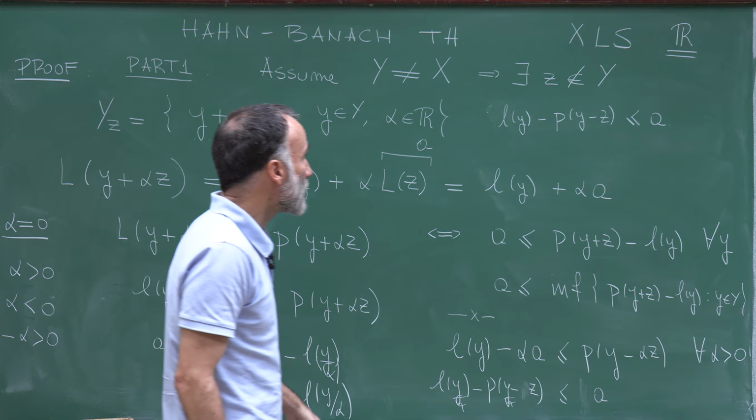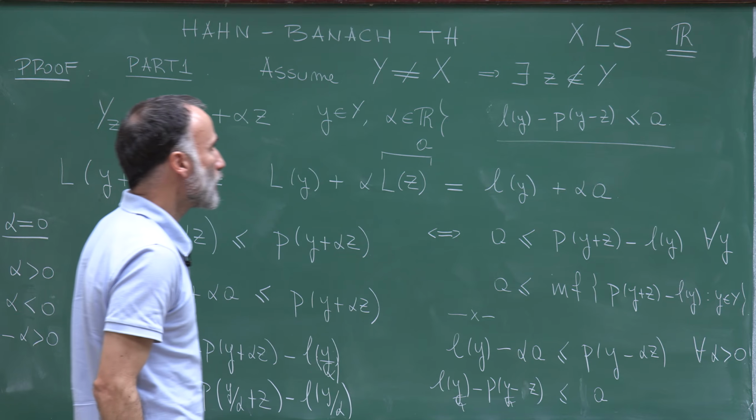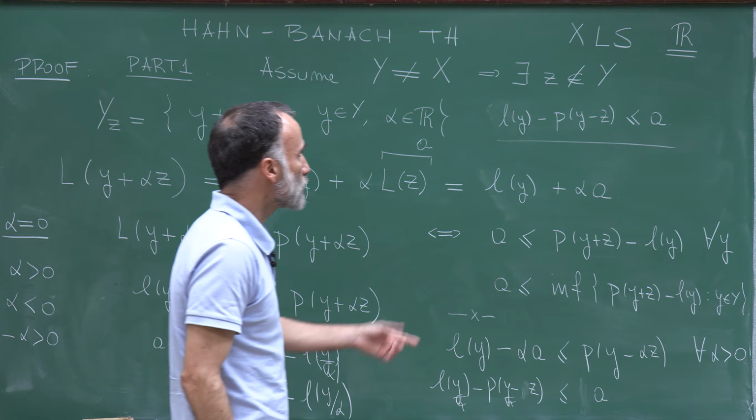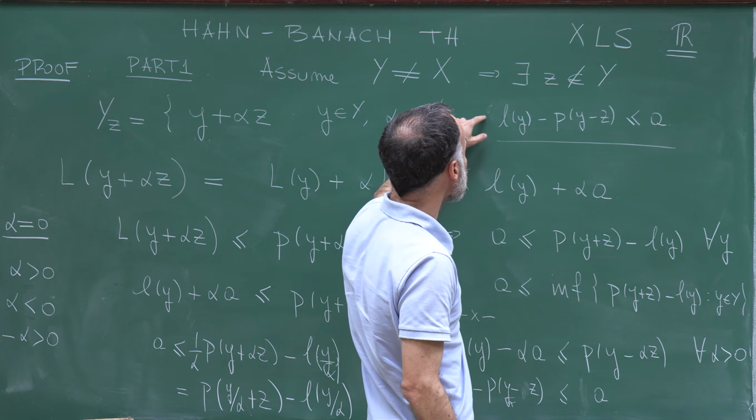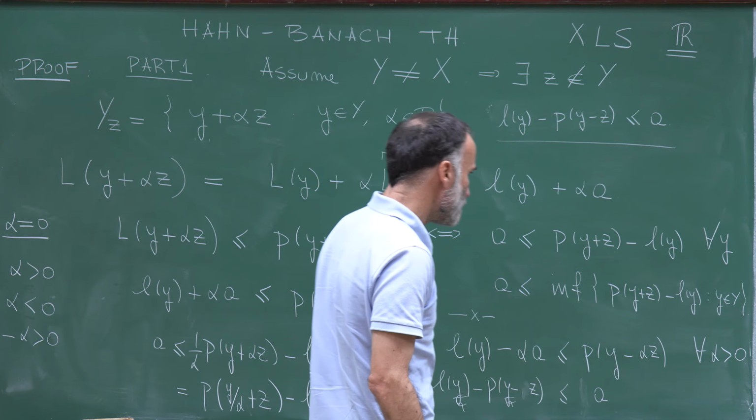Therefore, we have two bounds for A. We have a lower bound for A, so A has to be larger or equal than the supremum, and A has to be less or equal than the infimum.